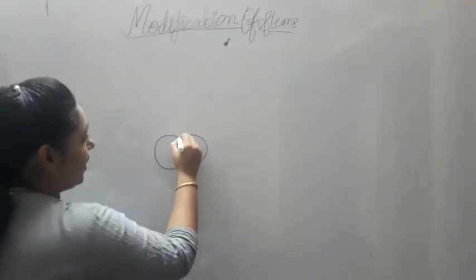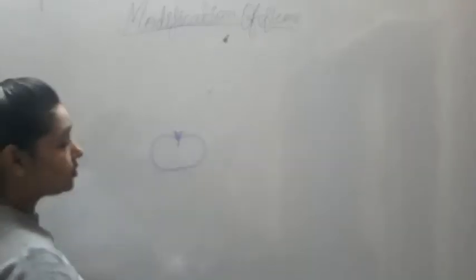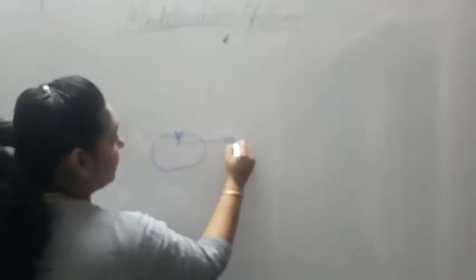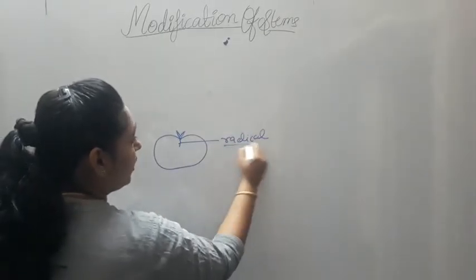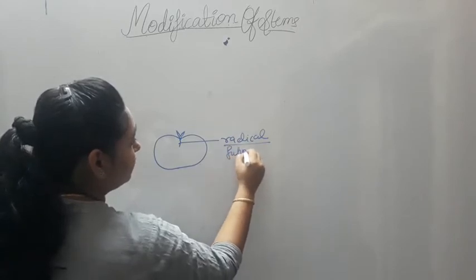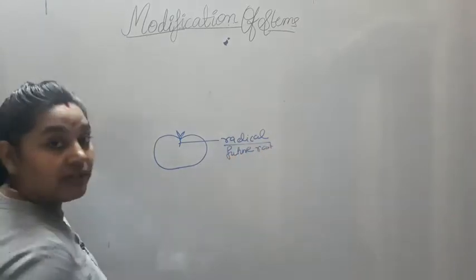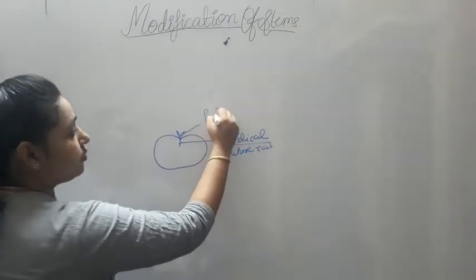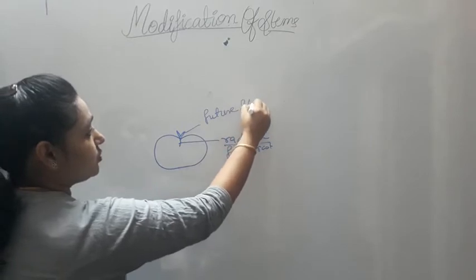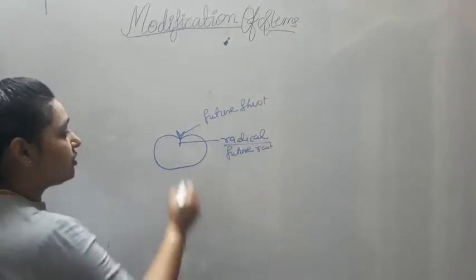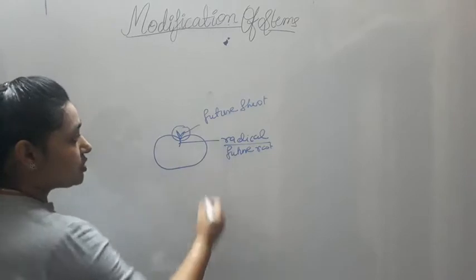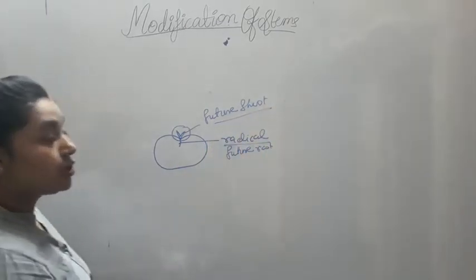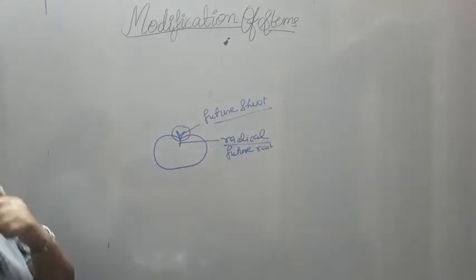If this one has a developed plumule over here and this part is the radicle, then you know that this radicle is going to be the future root, and this part is going to be the future shoot. So the plumule, which is going to develop further into the shoot, is going to be our stem.